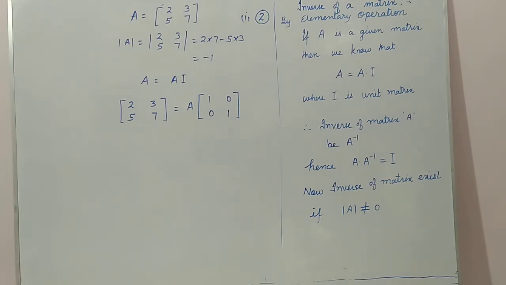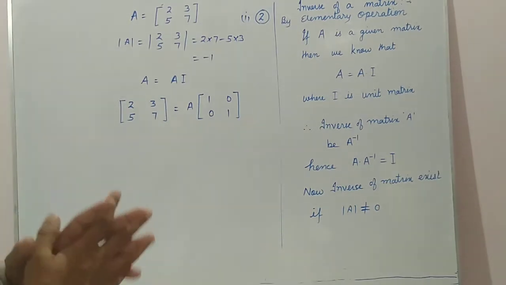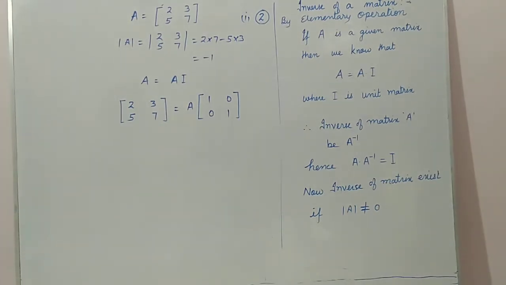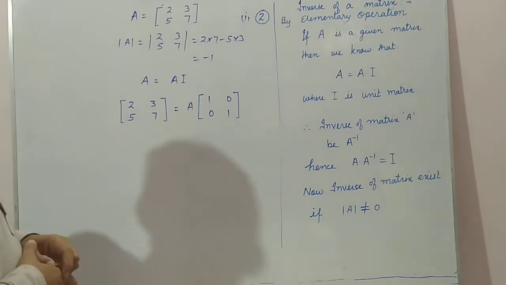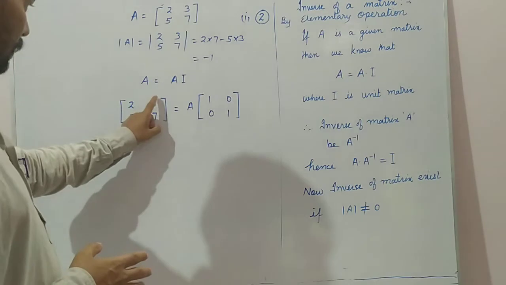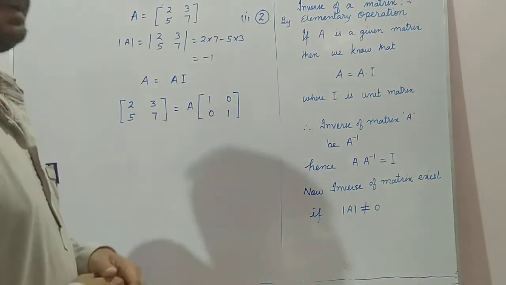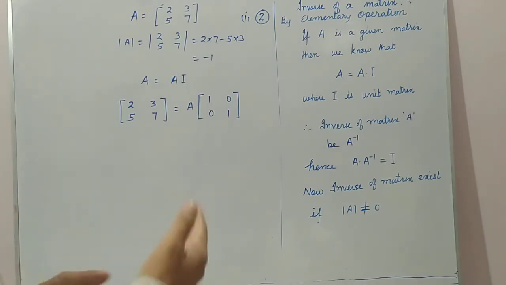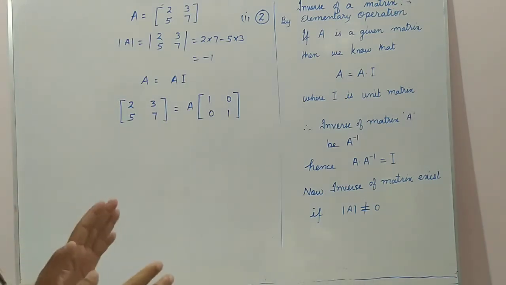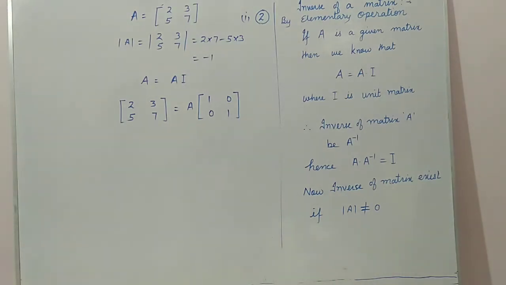Elementary row operation means we will change the rows. Elementary column operation means we will change the columns by some operations. Now see here, ultimately our main aim is to bring here 1, 0, 0, 1, meaning this unit matrix should be brought here by subtracting or adding the rows, or by a column operation, that is subtracting or adding the columns.